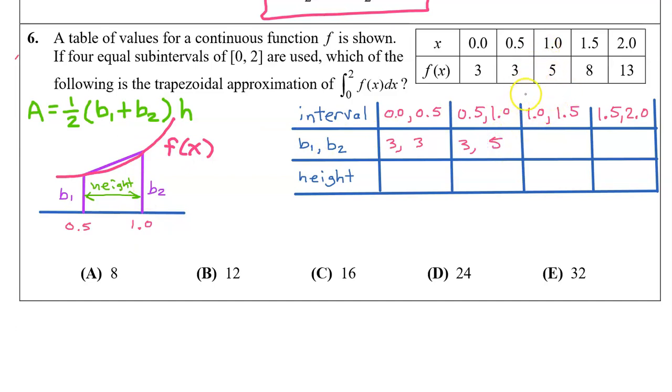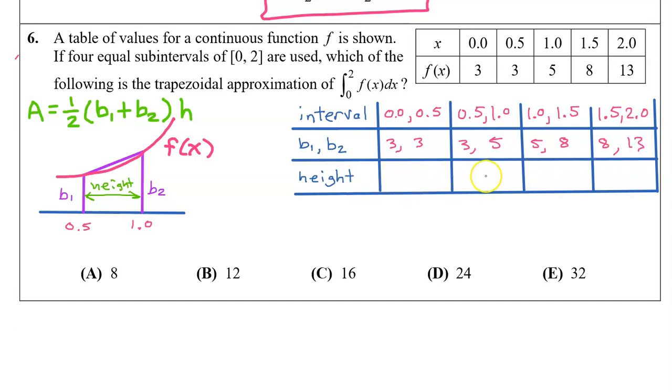In a similar way, base 1 for the third trapezoid will be the value of the function at 1, which is 5. Base 2 will be the value of the function at 1.5, which is 8. Fourth trapezoid, base 1 will be the value of the function at 1.5, which is 8. And base 2 will be the value of the function at 2.0, which is 13.